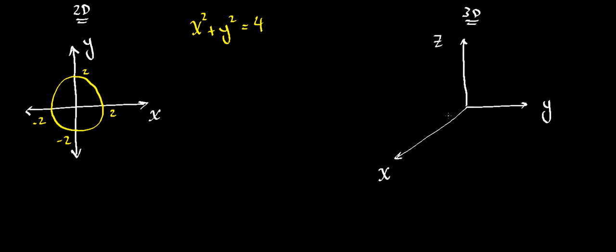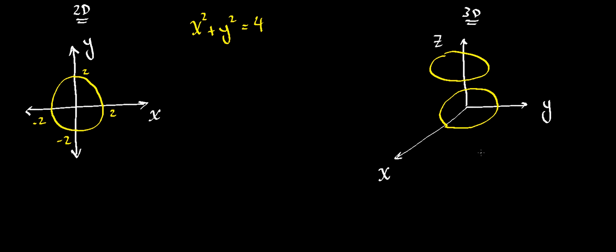So what's the equation going to be when z is equal to 0? Well, when z is equal to 0, we're going to have x squared plus y squared is equal to 4, which is an equation of a circle of radius 2. What do we have when z is equal to 10? We still have x squared plus y squared is equal to 4, so we also have a circle of radius 2.